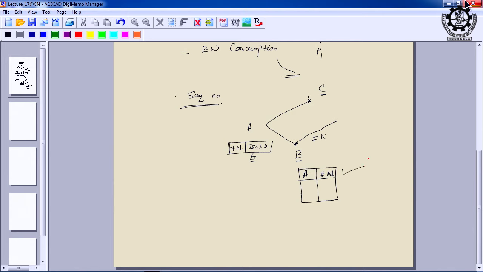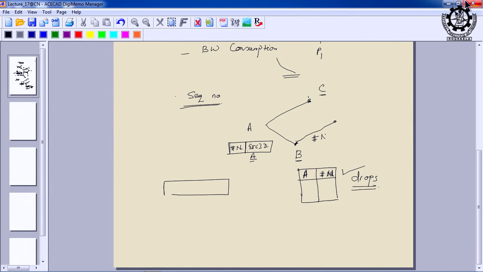So instead of forwarding the packet again, it simply drops it. Thus the number of packets flooded into the network is reduced if you give a sequence number along with the source ID to every packet.